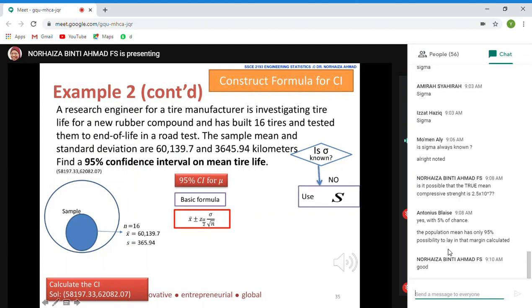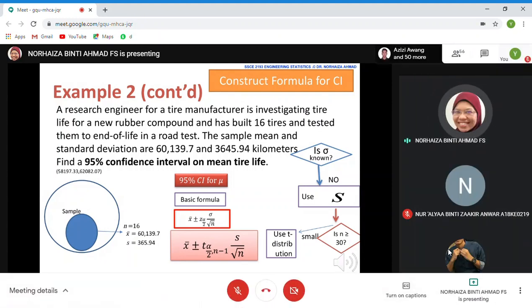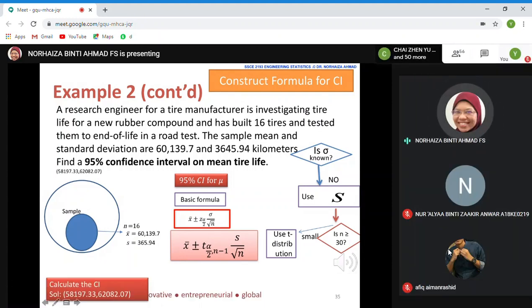Therefore, you need to use S, the standard deviation from the sample, and since the population variance is unknown, you need to check whether your sample size is large or small. In this case, it's 16, so it is small, and thus you need to use this formula here. That means you replace sigma with S, and use a t distribution with degrees of freedom of n minus 1.